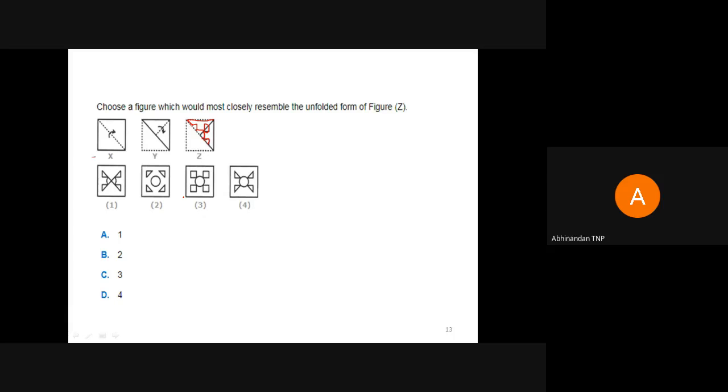Then you have to unfold this. The same image you get over here. This is the unfolded version. And this total square, you can get it here.